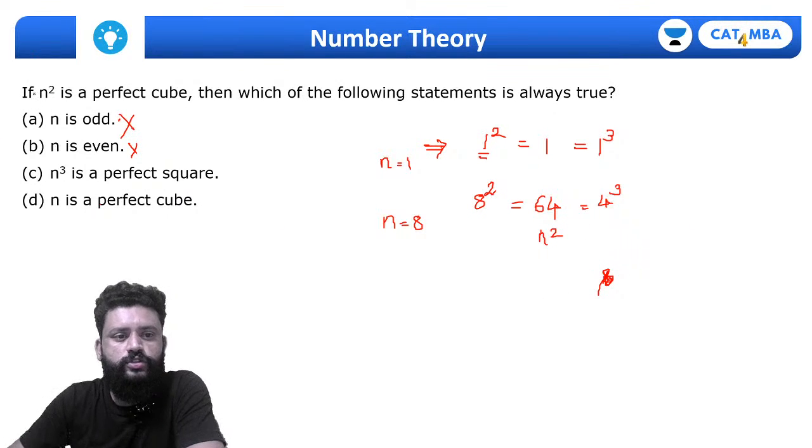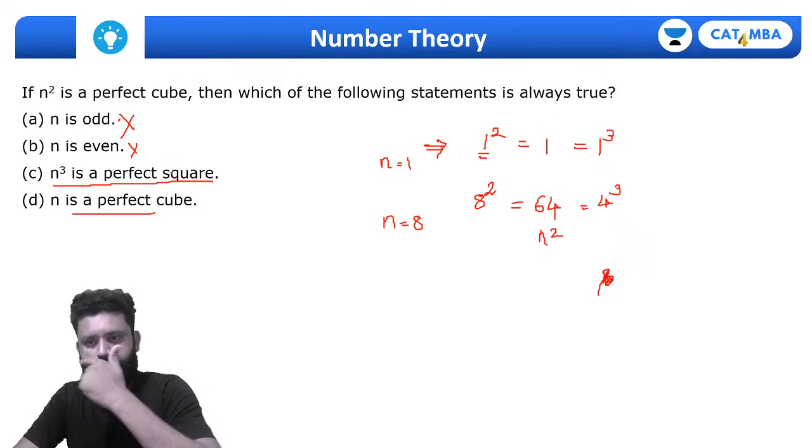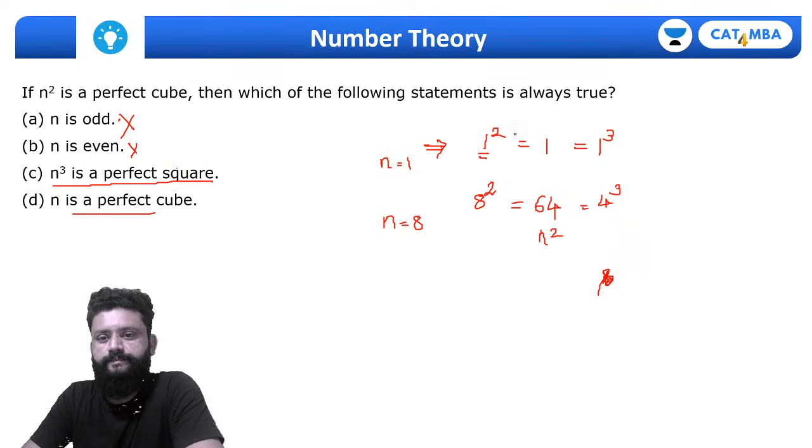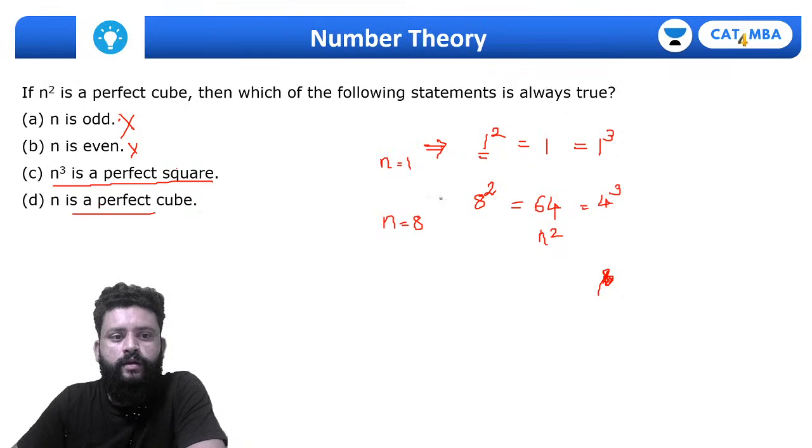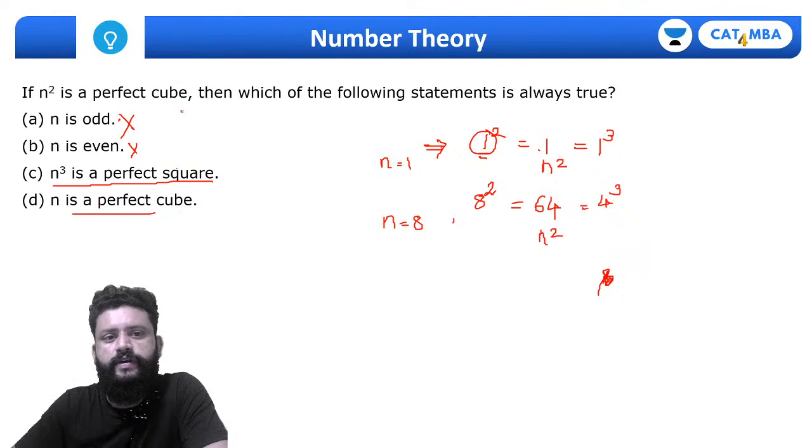Look, from these two we have to choose: n is a perfect cube, and n cube is a perfect square. So definitely this has to be correct here. N is a perfect cube. Just a minute. Here the value of n is coming as 1. This is n square. N square is a perfect cube.